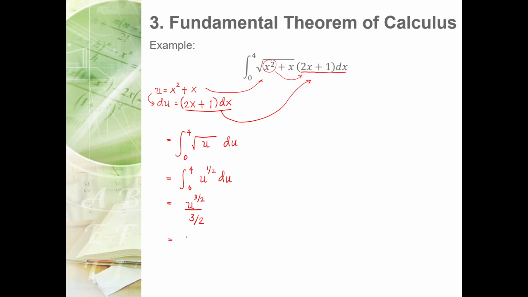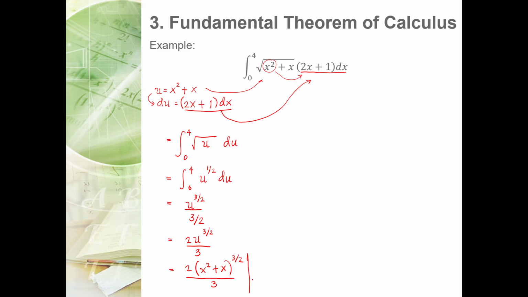Then simplifying, we have 2u to the 3/2 over 3. Then bringing back the value of the u parameter, we have x squared plus x to the power of 3/2 all over 3.